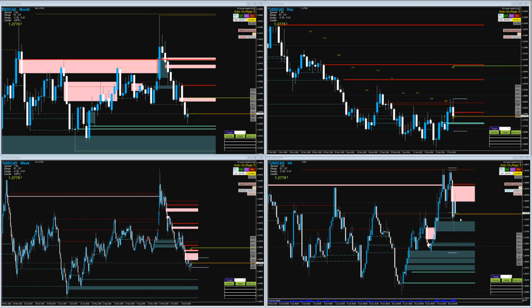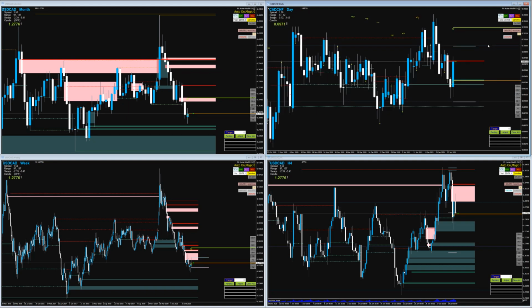I'm not sure if I will be looking for the short in here, but I will definitely use this information that the CAD is strong, right? Because if we are seeing this, that means -5 is positive for the CAD. So this actually brings me to another pair. So let's start with the CAD Franc right now.